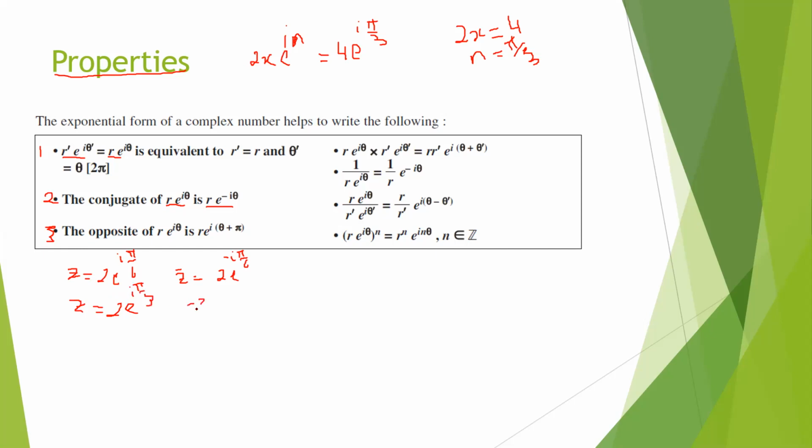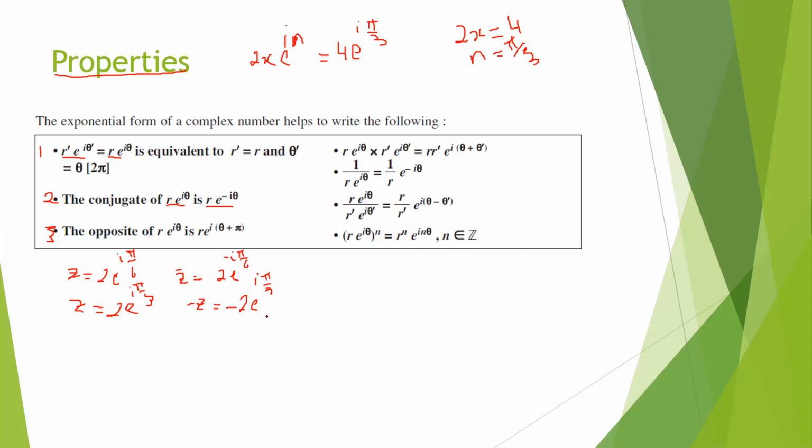How much is minus z? We write e to the power i pi over 3 plus pi plus theta. If we put minus 2 e to the power i pi over 3, this one is not in the exponential form.